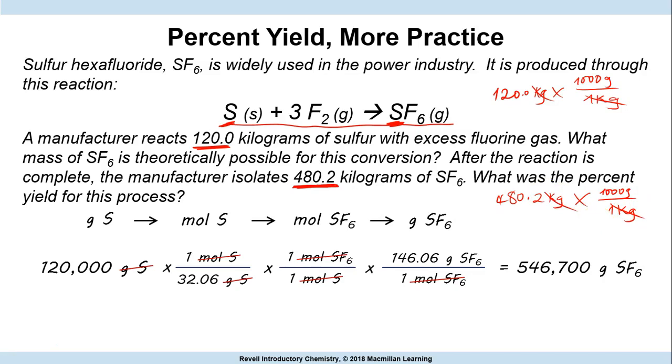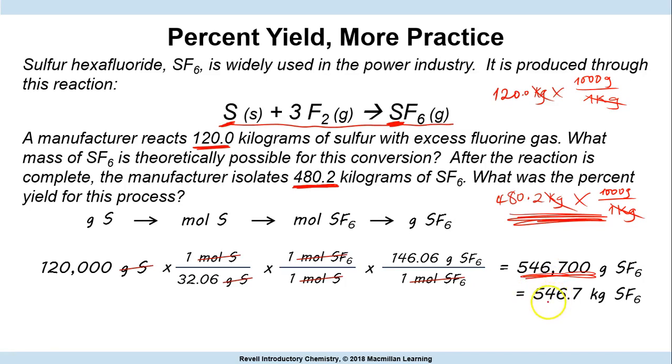Now, to calculate the percent yield, we take the actual yield divided by the theoretical yield times 100. Either you convert this to grams and work it out, or you convert the answer we have obtained here to kilograms and work it out. That will still give you the same answer.